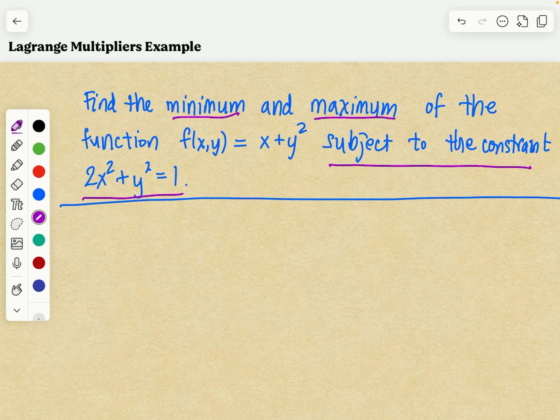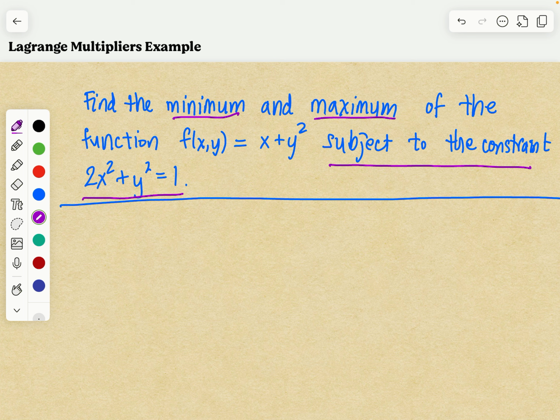Your x and y have to satisfy this equation, 2x squared plus y squared equals 1. So what method does that suggest that we use? Lagrange multipliers, right? Because your x and y have to stay on an ellipse.